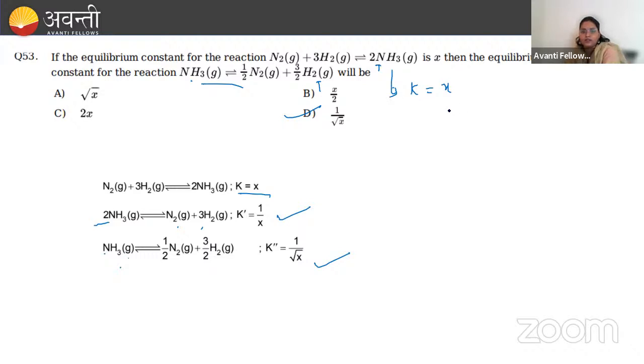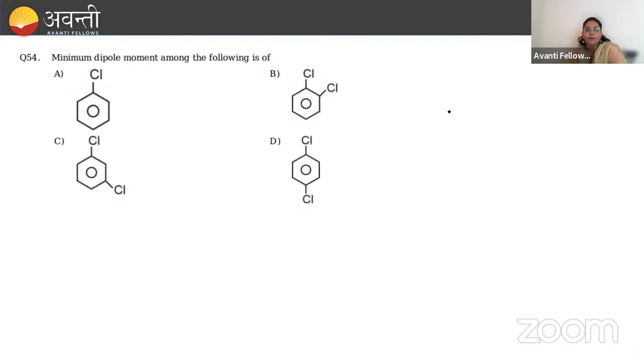Okay, next. Minimum dipole moment among the following is. Yeah, so this is a very, very easy question. Which will have less dipole moment? Minimum dipole moment.